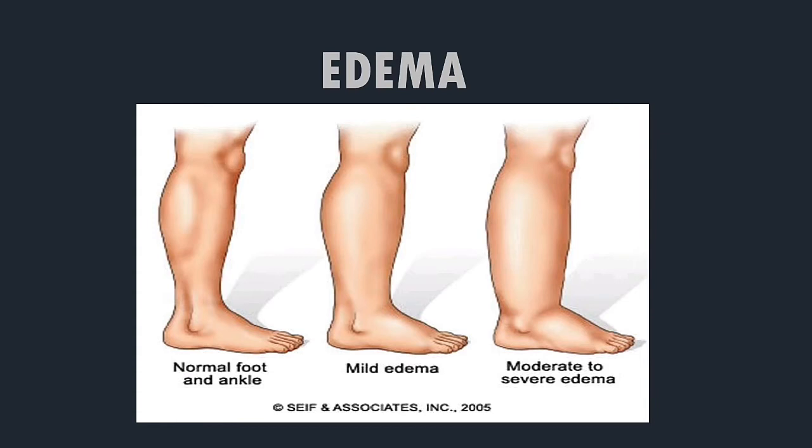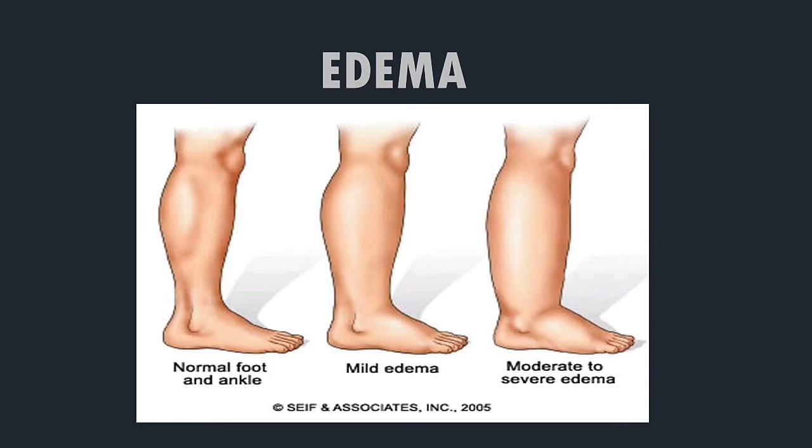In the mild edema, it more likely starts to swell. And here in moderate to severe edema, the entire foot and ankle are really swelling. So that's why it's called moderate to severe edema.